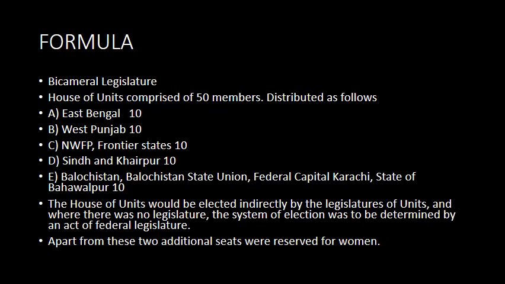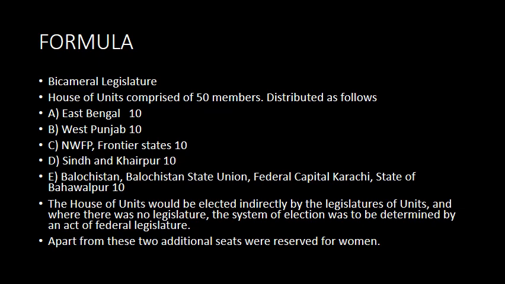And if we see another thing here, the west wing of the country, which is now Pakistan, got 40 seats. West Punjab, NWFP, Sindh, Balochistan States Union, Federal Capital, and State of Bahawalpur were all present in the West Wing.